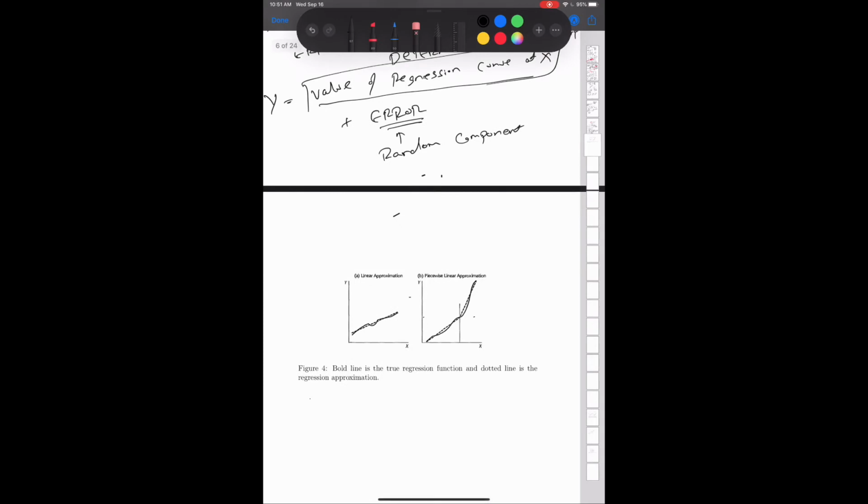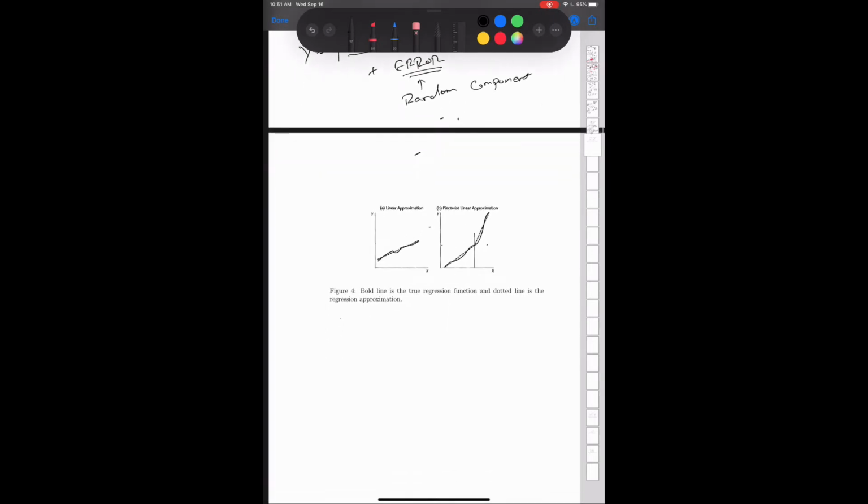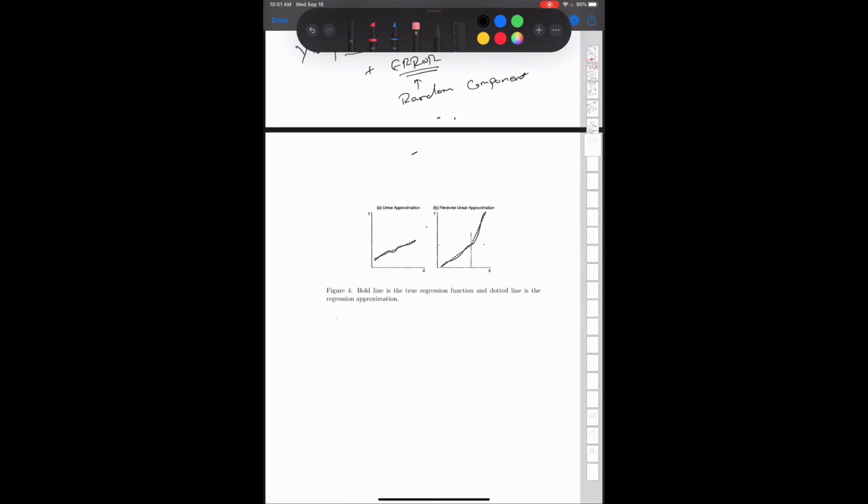So in this class we will basically study very simple regression curves.